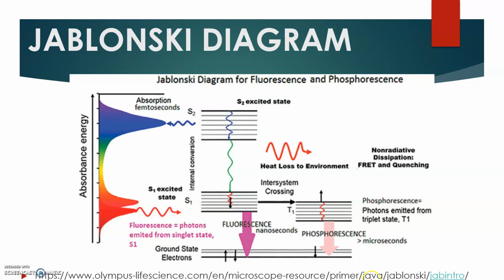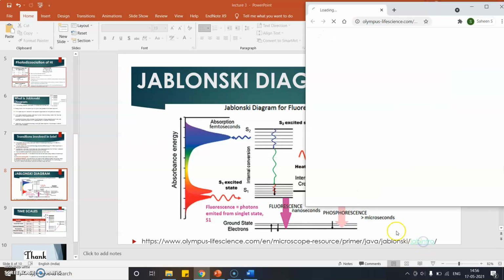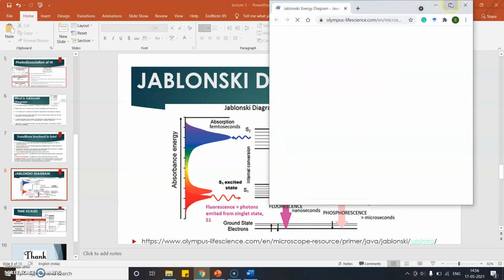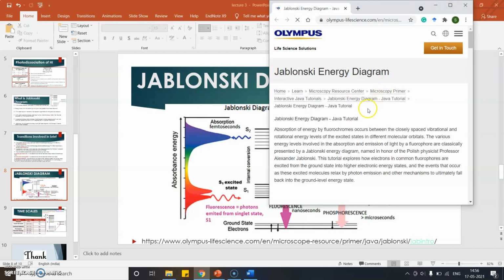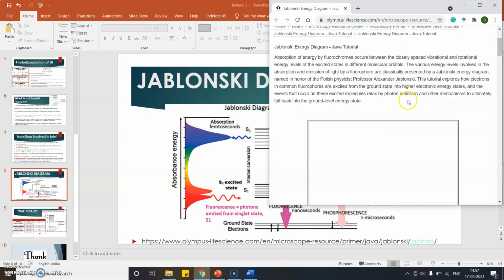In this slide, I have linked a hyperlink in which you students can directly press Ctrl and click at the last word, and you will be led to open another tab in your browser, which will help you to understand what is Jablonski diagram and how it can vary.